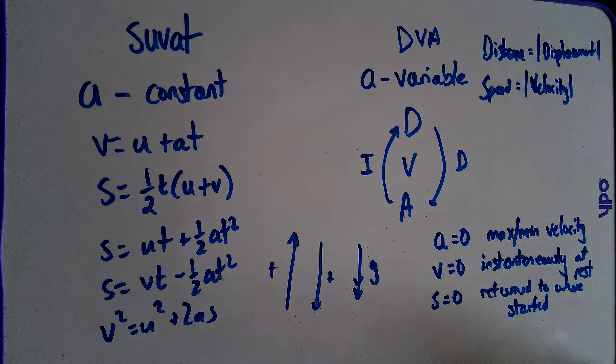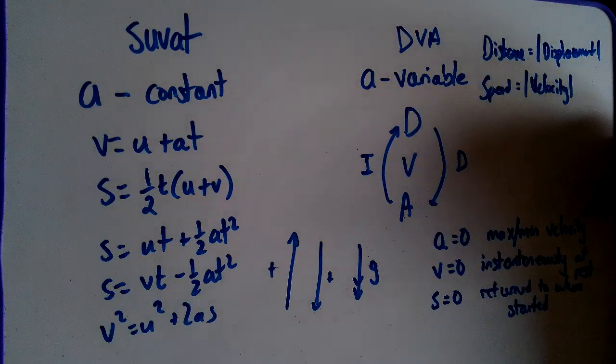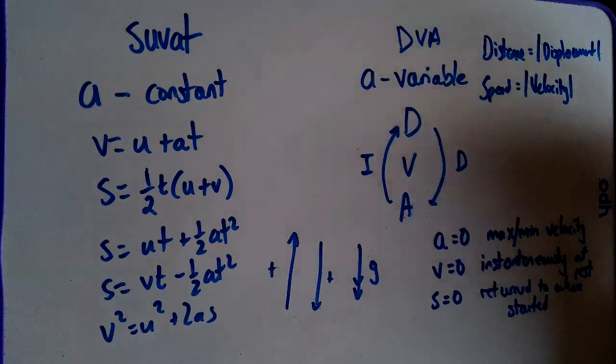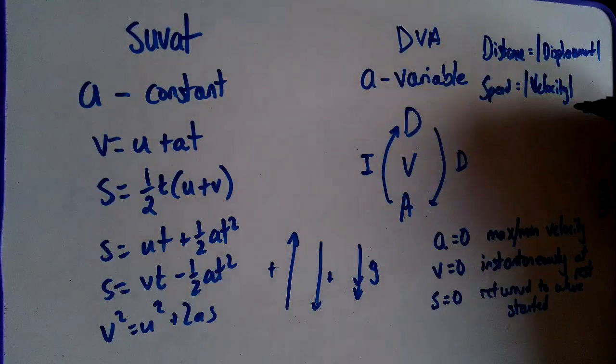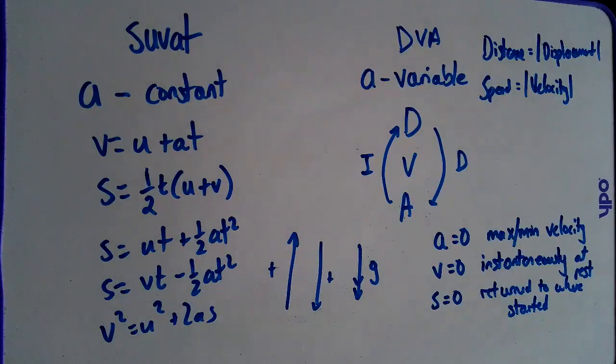Okay, so we know that as well. And we know to get the average speed, we can just do the total distance divided by the time, the total distance traveled. To get the average velocity, we can do the total displacement traveled divided by the total time.